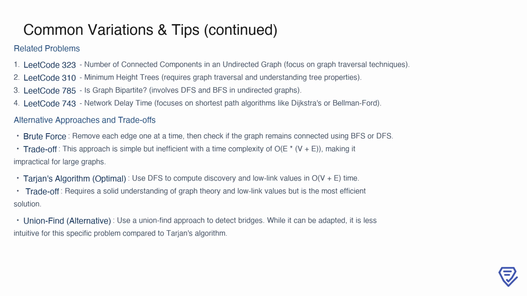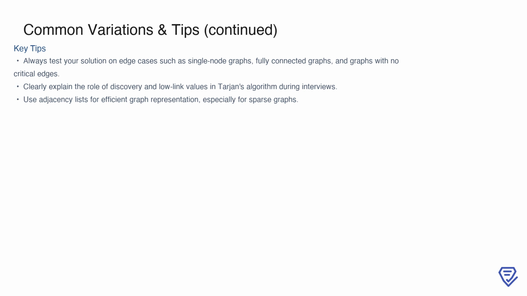Finally, let's wrap up with some key tips to keep in mind. Always test your solution on a variety of edge cases. These include single-node graphs, fully connected graphs, and graphs with no critical edges. Understanding these cases ensures your solution is robust. During interviews, it's important to clearly explain the role of discovery and low-link values in Tarjan's algorithm, as this demonstrates your grasp of the underlying concepts.